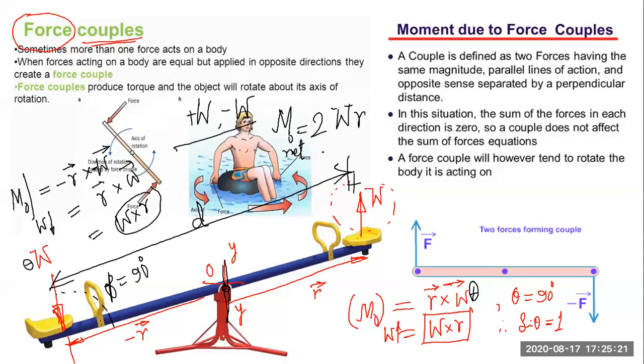So I can write W into D. Since both forces are the same, take the magnitude of the force multiplied by the distance between the two forces. This is the amount of couple.